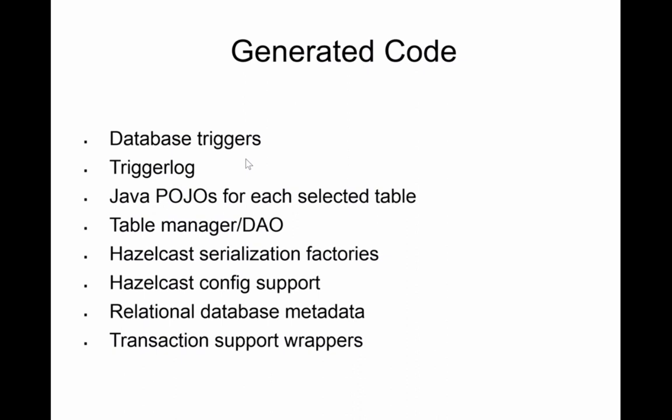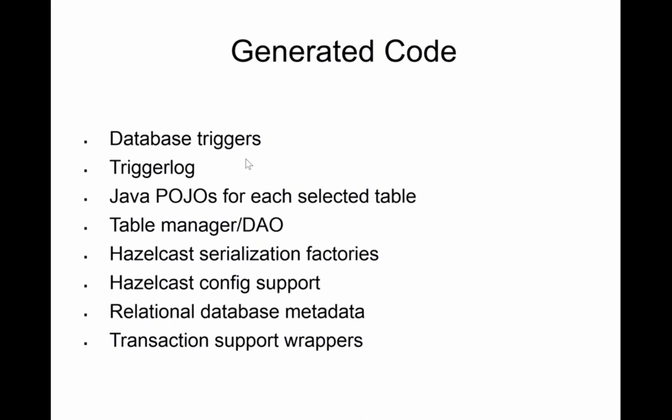Then it generates quite a big thing: a model of the relational database with all the metadata like schemas, tables, etc. That's something you don't have to care about as a programmer, but it's needed by the other classes to be able to work properly. And then you get transaction support wrappers.